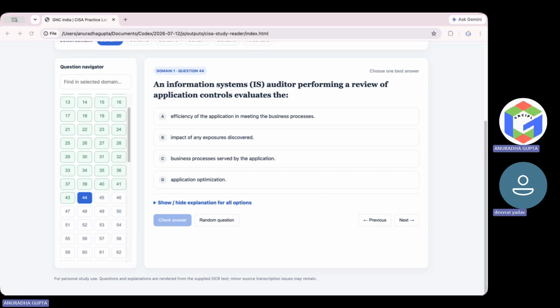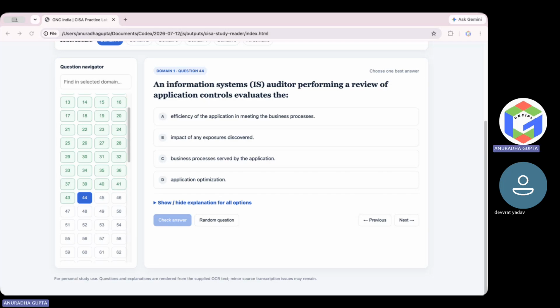If it is having vulnerability, it will not work properly. So we are not able to identify the efficiency of the application if there is any vulnerability in that.